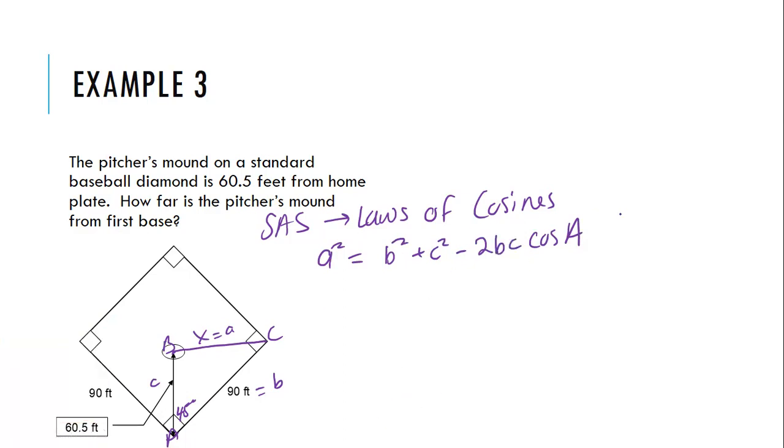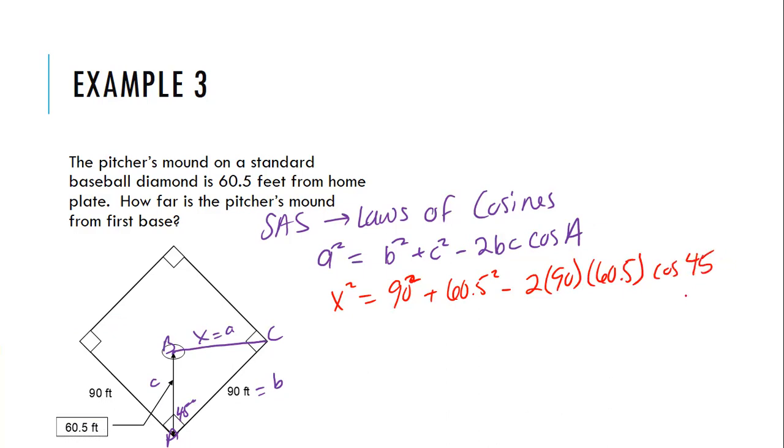Now I just got to plug everything in, right? We do not know A, that's our X, our unknown. B is going to be 90 squared plus C, 60.5 squared, minus 2 times 90 times 60.5 times the cosine of 45. So this is what X squared equals.